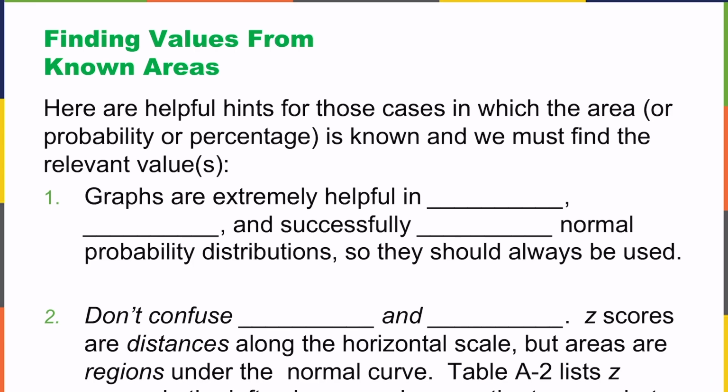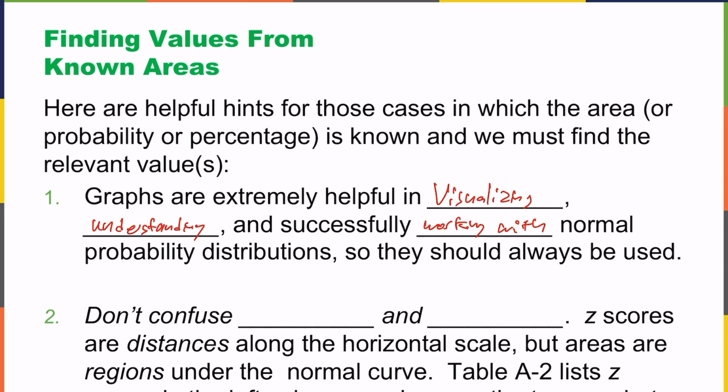Finding values now from known areas. Here are helpful hints for those cases in which the area or the probability or percentage is known, and we must find the relevant values. So graphs are extremely helpful in visualizing, understanding, and working with normal probability distributions.